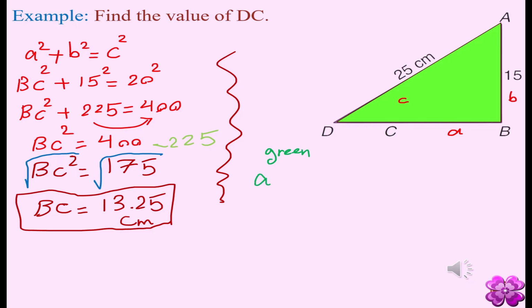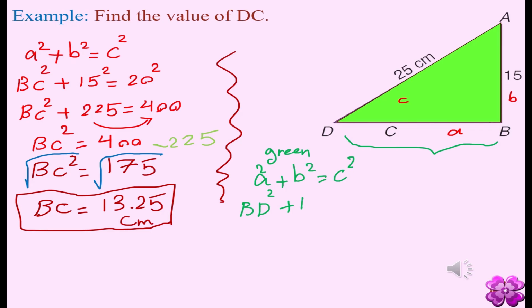Again, we have A squared plus B squared equals C squared. Having that, from B all the way to D is my A, yes? I'm keeping its own name, which is BD squared.